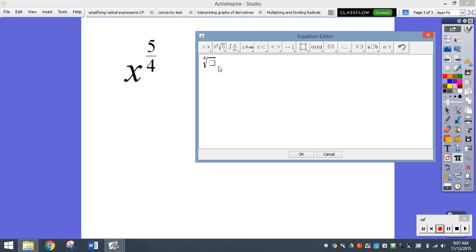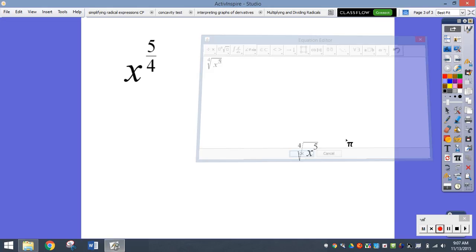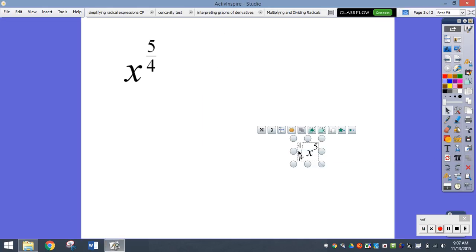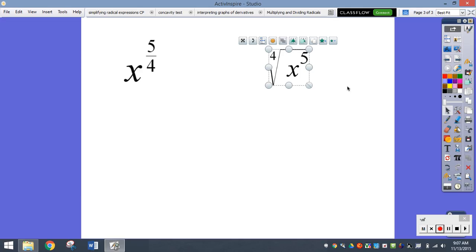And then, of course, I'm still going to have my base of x. But now the numerator becomes the exponent. So the numerator of 5 is the exponent inside the radical. And so x to the 5/4 is the fourth root of x to the 5th. So that's how you convert from exponential to radical form.